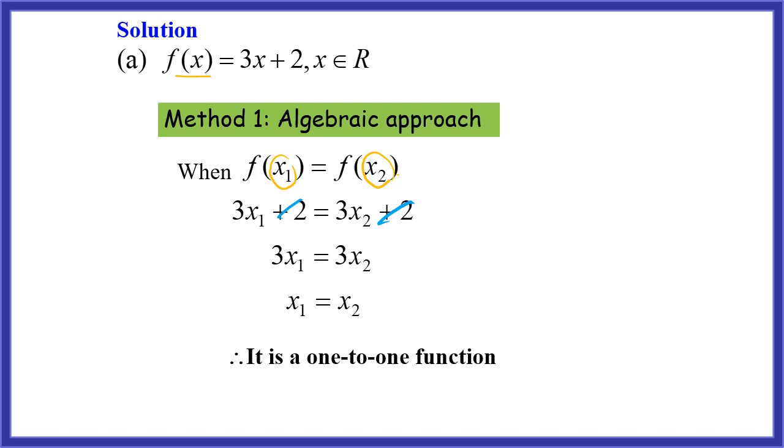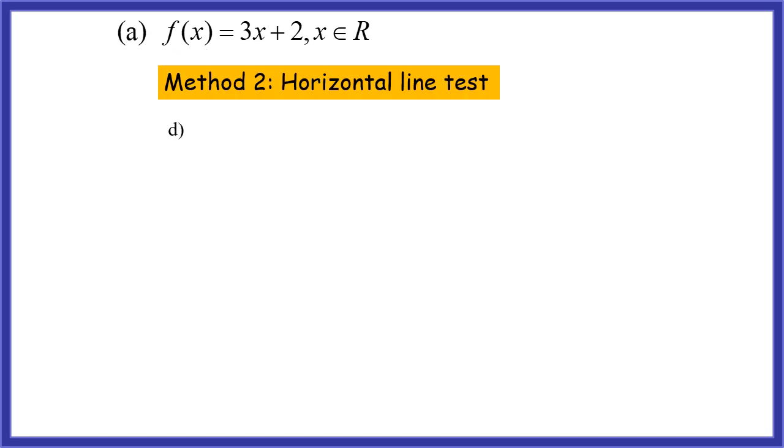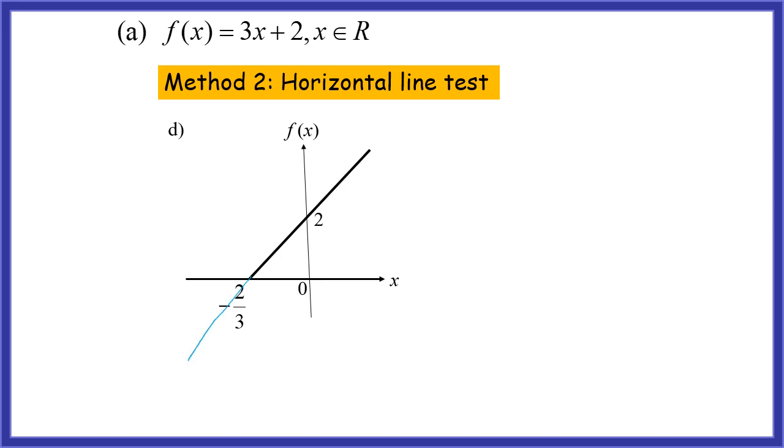Now let's check by using the graphical method. If we draw the graph of 3x plus 2, let us continue it to the bottom here. It's a straight line and it passes through the y-intercept 2 and x-intercept -2/3. Now to check whether it's a one-to-one function or not, we use the horizontal line test.